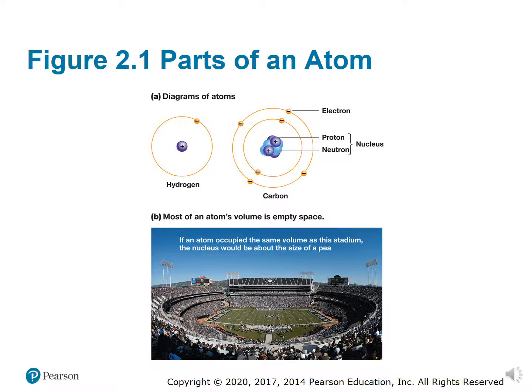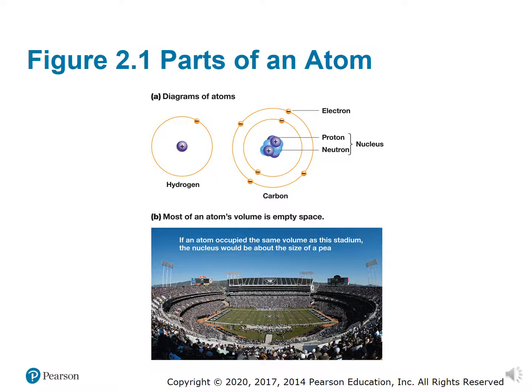If you take a look at figure 2.1 in the diagram, you see hydrogen and carbon, and you see that hydrogen only has 1 proton in its nucleus and 1 electron orbiting outside in the first shell.